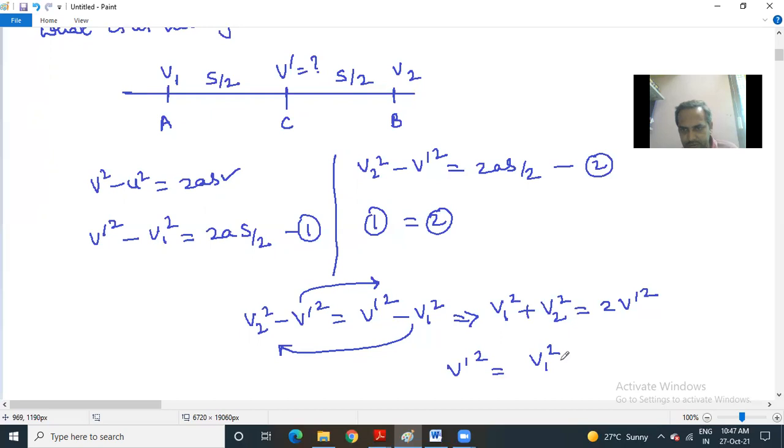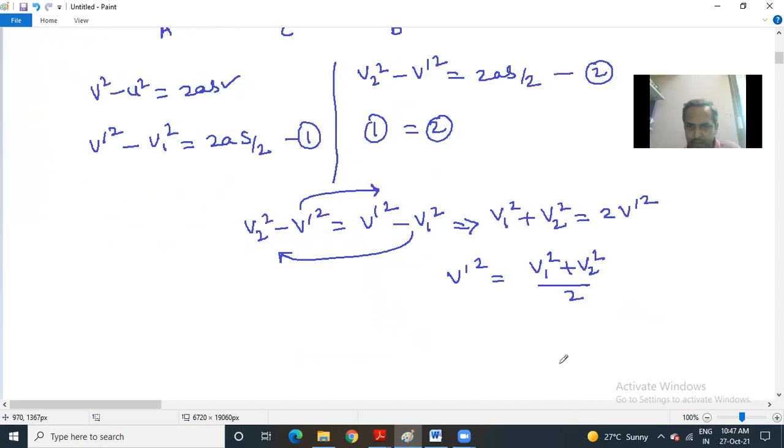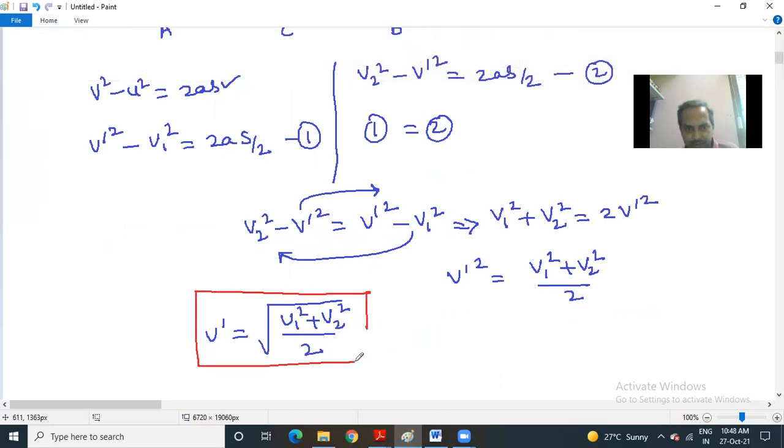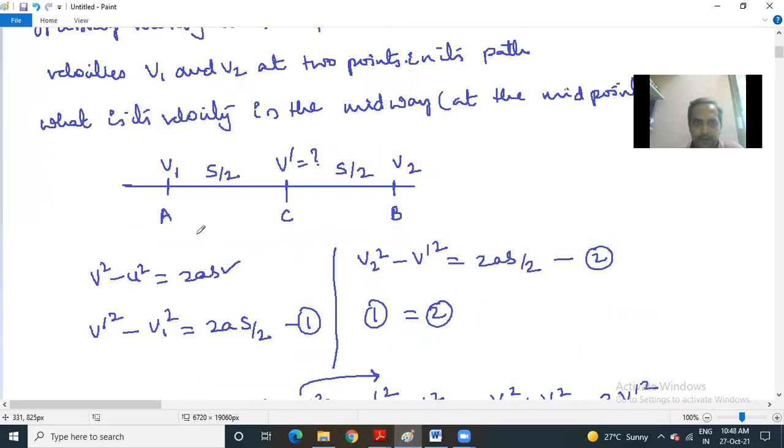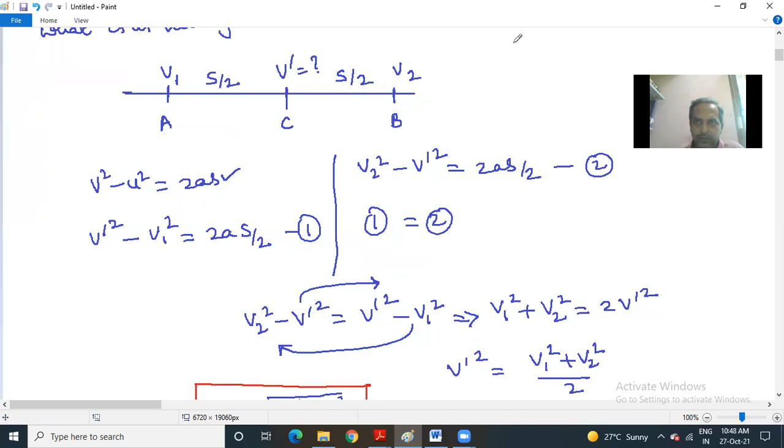So you'll get v1 square plus v2 square divided by 2, and we get the equation v dash = under root of (v1 square plus v2 square) whole divided by 2. So this is the formula to find out the velocity at the midway if a body has velocities v1 and v2 at points A and B. Fine. Now let us do a numerical based on this question.